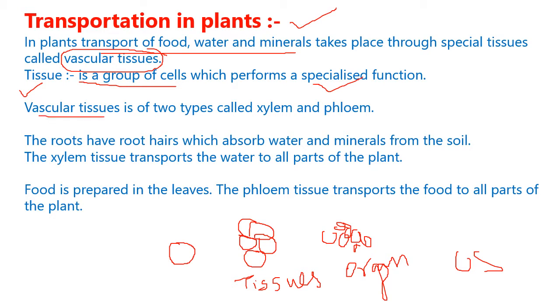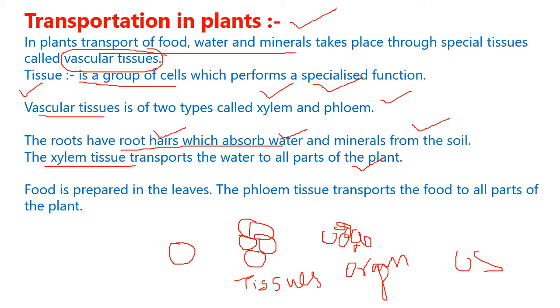The vascular tissue is of two types, that is the xylem and phloem. We are going to talk about the functions of both. The roots have root hairs which absorb the water and minerals from the soil, and after the absorption from the root hairs, this is transported through the xylem tissue. It transports it to all the parts of the plant.